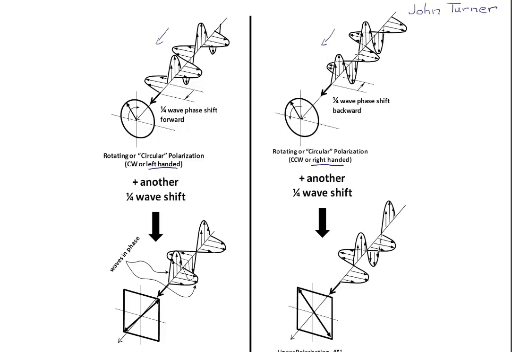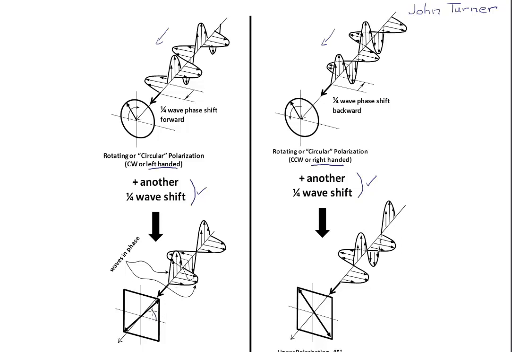Now suppose coming off the screen, this is the left and right-handed circular polarized beams, and they each contain left and right eye image perspectives. Now suppose just before they get to your eye, we add another quarter wave shift to each beam. If you do that, that makes basically a half wave shift on one of them and 0 wave shift on the other, so that they become plane polarized again.